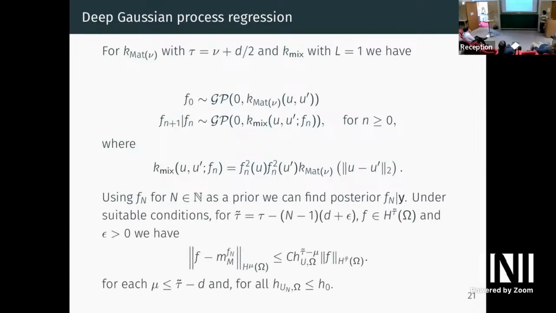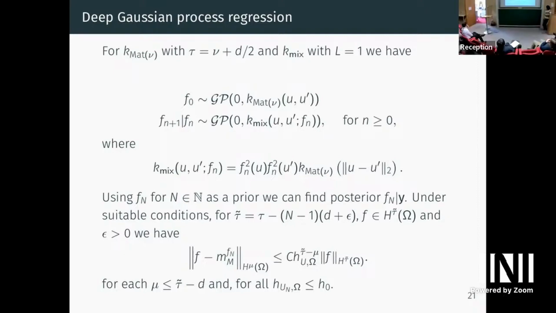What we're interested in with this top layer is, if the number of data points goes to infinity, do we get convergence? Basically, under suitable conditions, we still get convergence.